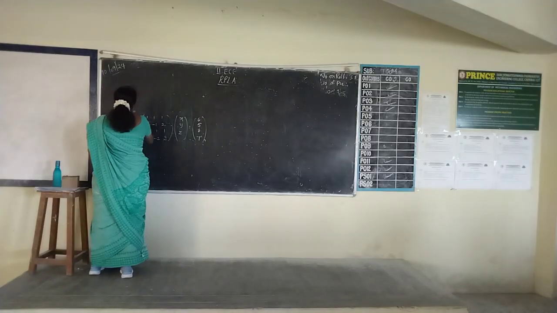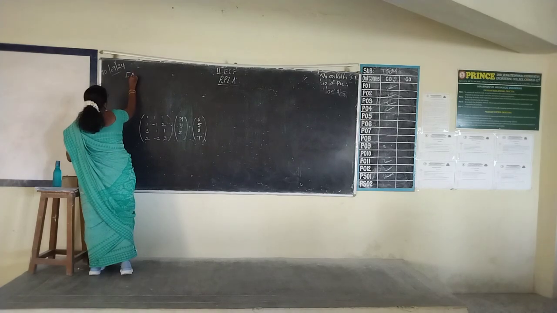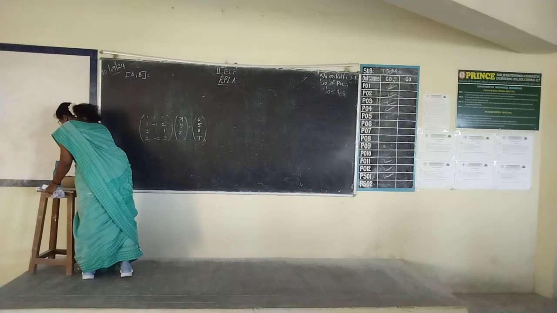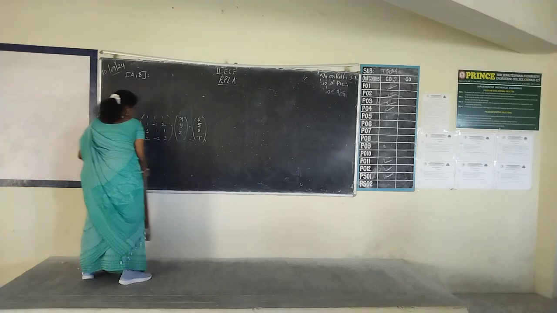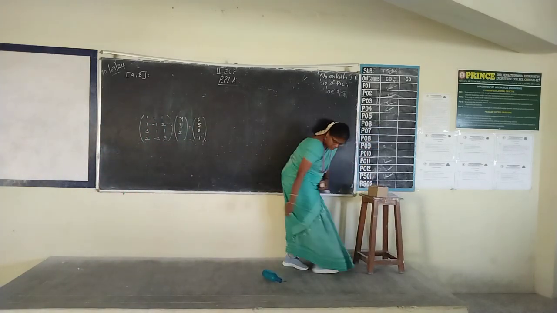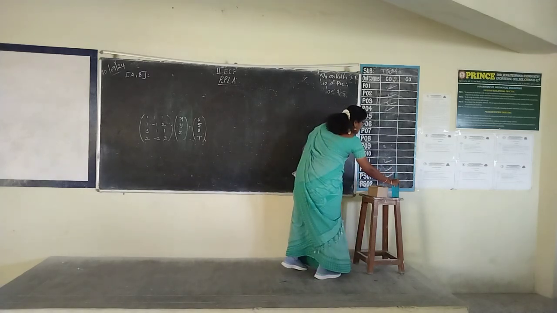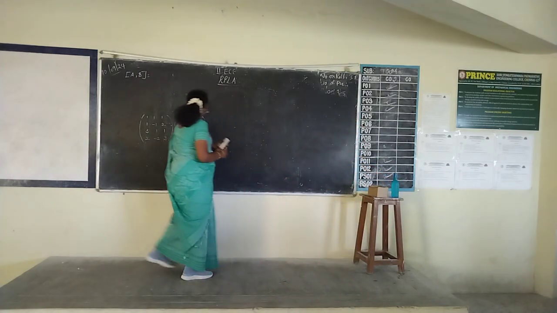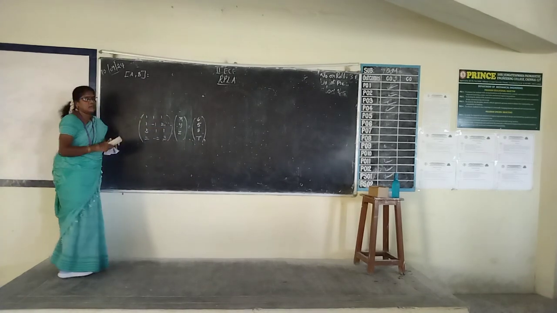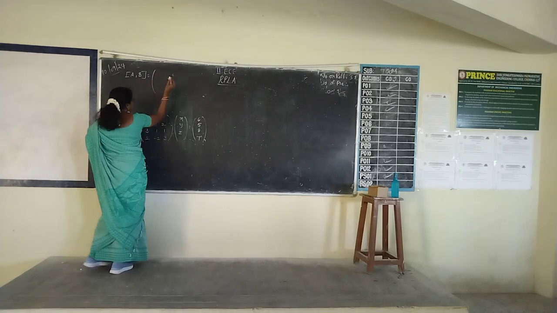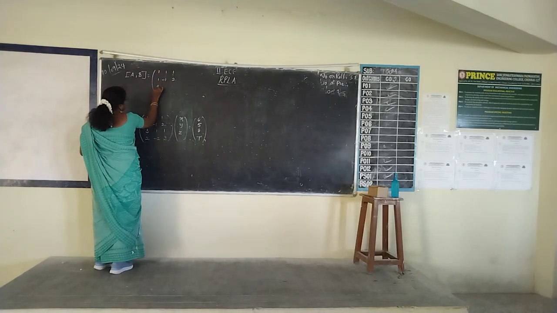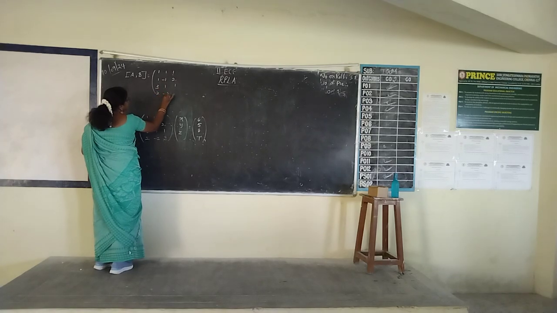The notation for the augmented matrix is the square bracket A comma B. Along with the matrix A, combine the matrix B. So matrix A is 1 1 1, 1 minus 1 2, 3 1 1, 2 minus 2 3.